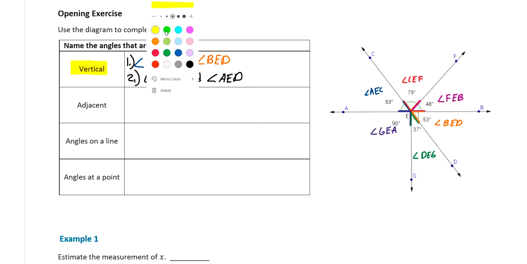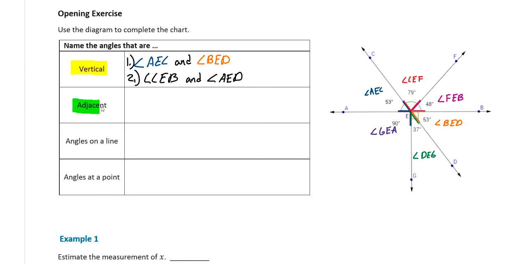All right, on to adjacent angle. Let's switch up the coloring. So adjacent angle will highlight in this green. So adjacent angles, remember, mean that they're next to. They have to share a common side. So we're going to have a whole bunch of adjacent angles. Any angles that share a side are going to be adjacent angles.